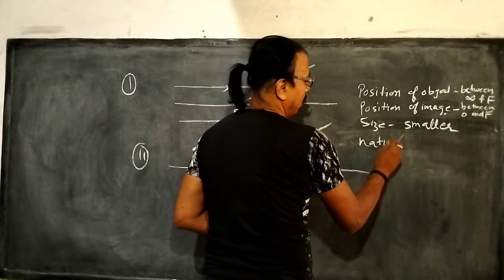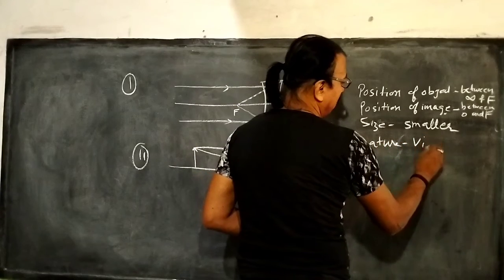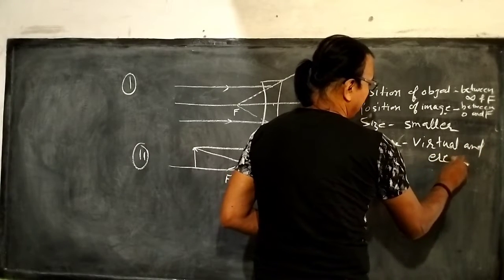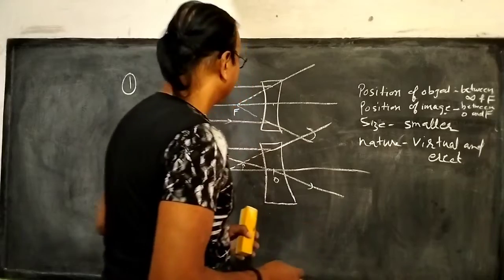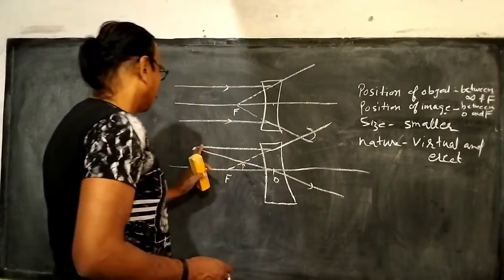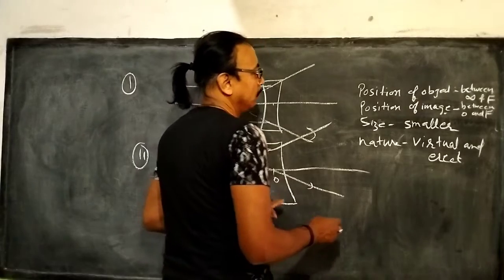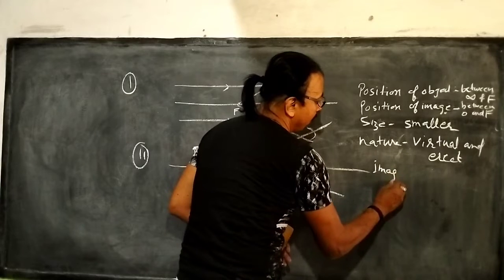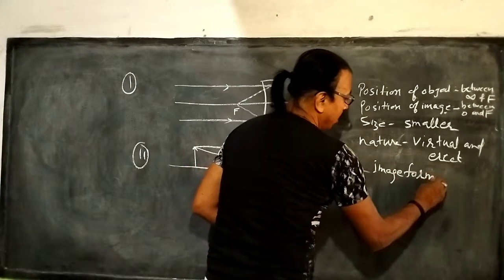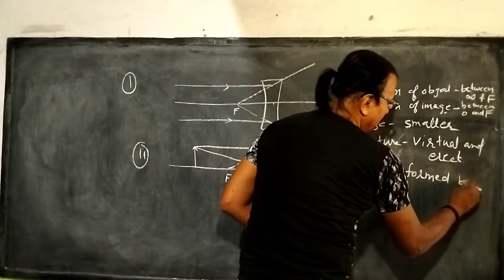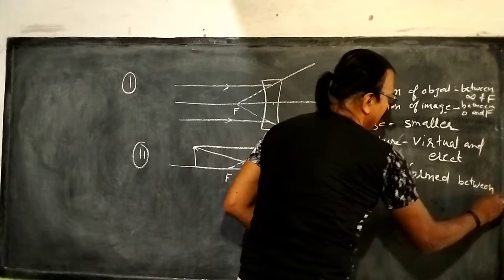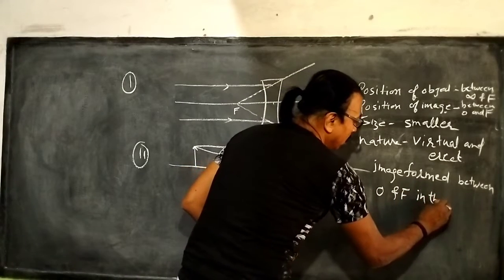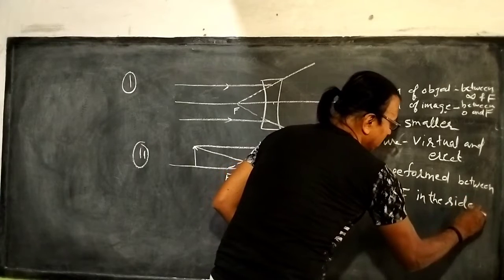Nature: virtual and erect. Here the image formed is on the side of the object, between O and F. Image formed between O and F on the side of the object.